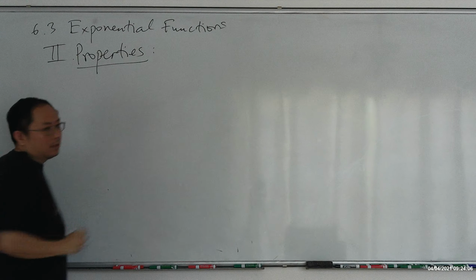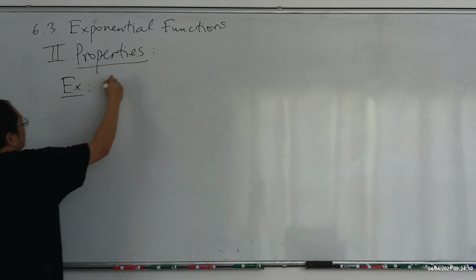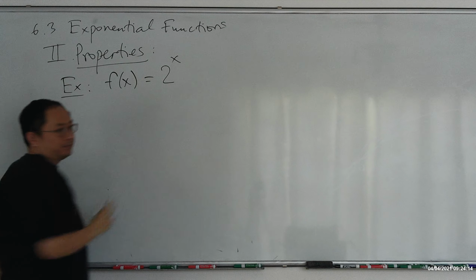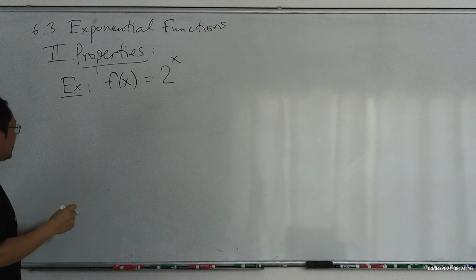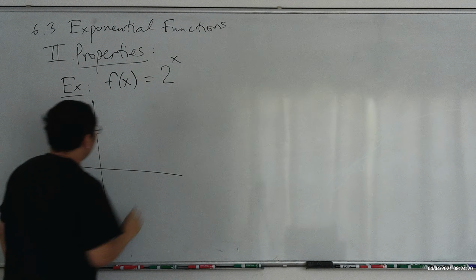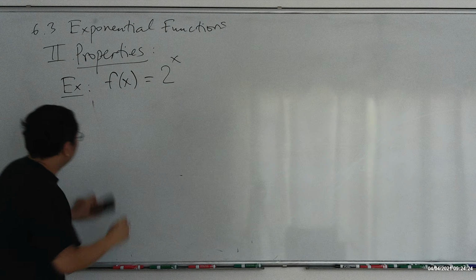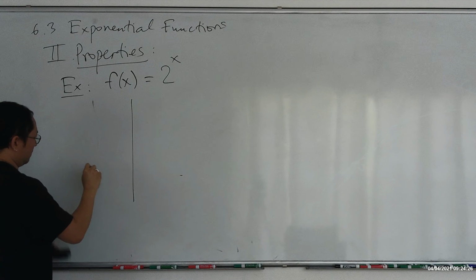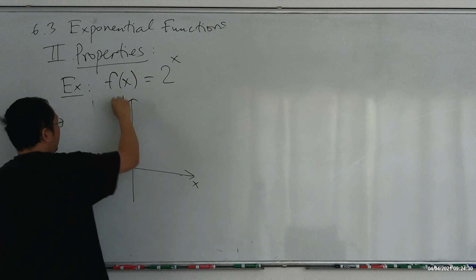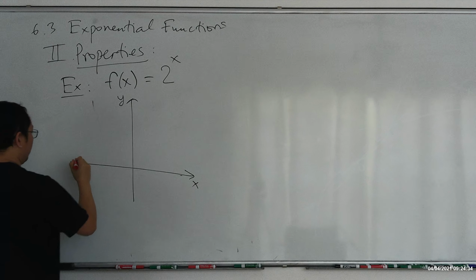Let's start with an example, the simplest one: f of x equals 2 to the x. Let me sketch a graph of this, and then by looking at the graph, we can see some properties. X-axis, y-axis. Let me use red color to show you the graph. It's going to look like this.